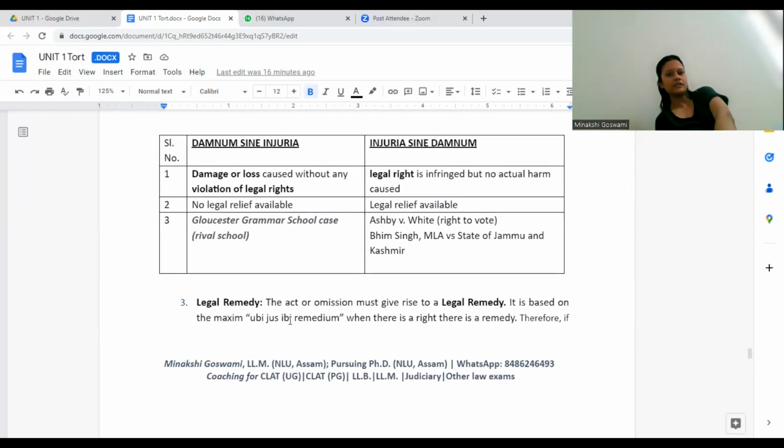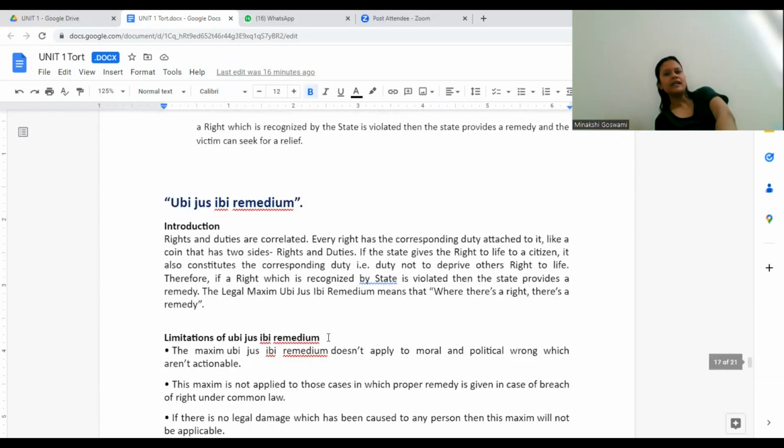Okay, there is one concept also: ubi jus ibi remedium. It means when there is a right, there will be a remedy. It's not that simply a right will be given, because we all have a tendency of trying to break the rules. So whenever a right has been given, they will fix a duty on somebody else, and they will also mention that this is the remedy available.